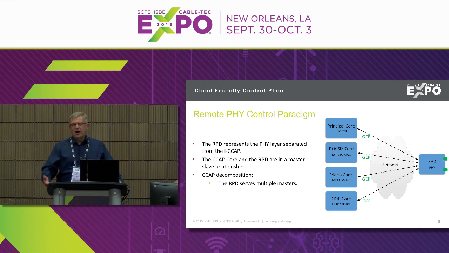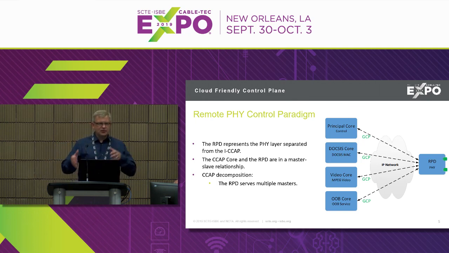Serving multiple masters is a hard discipline. This was by far the most difficult part of the specification to ensure the system worked. The RPD system worked well with multiple CCAP cores. Each of the CCAP cores controls a set of independent resources organized in sort of silos.